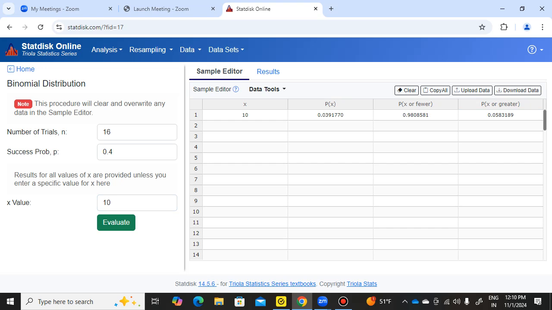No, sorry, not 10 or fewer. At least 10 is 10, 11, 12, so 10 or more. So 10 or greater is what we're looking at. So 0.058318.